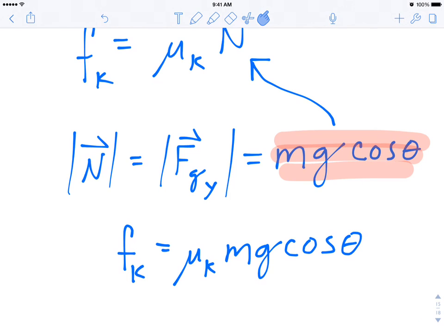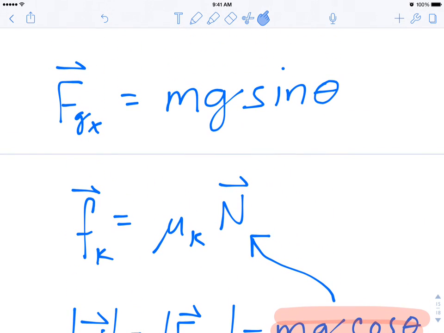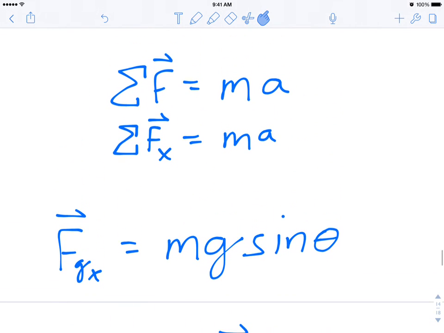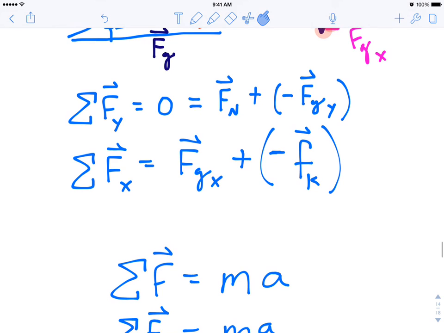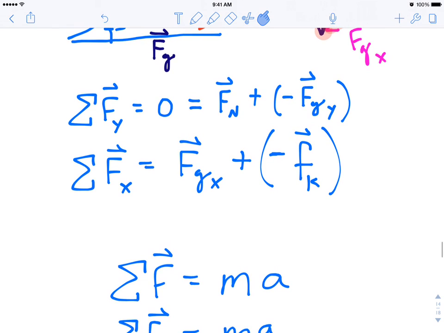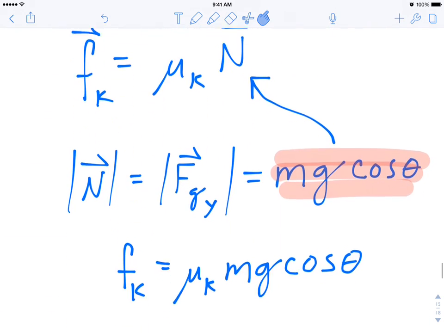Now, since I have Fk and I have Fg on the x-axis, I can go back to the sum of the forces on the x-axis from earlier and solve for it.